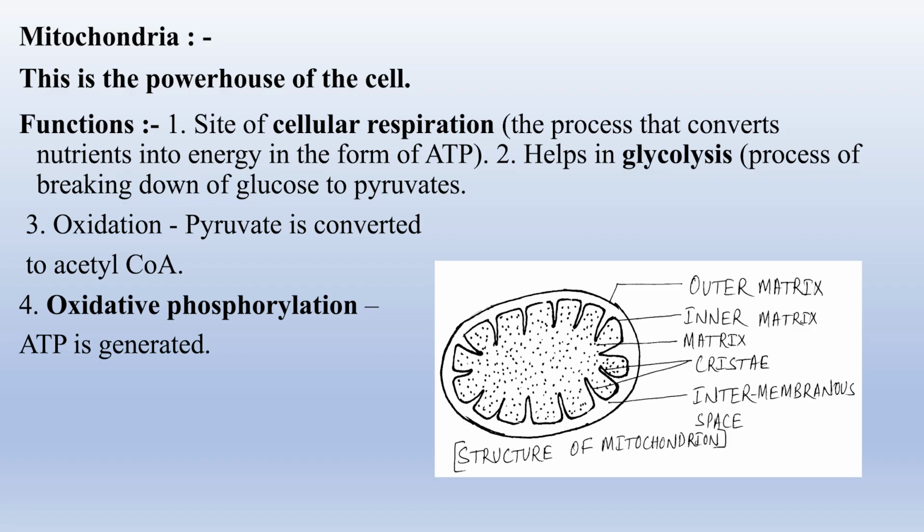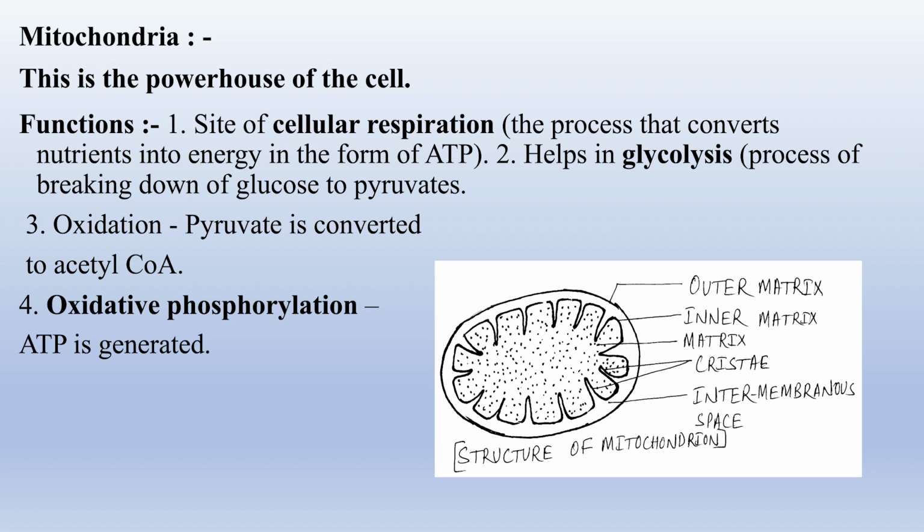What is respiration, children? This is the process that converts the nutrients into energy in the form of ATP. And this is the only place where energy is produced, and that is why it is the most important organelle of all the cells. This also helps in glycolysis.